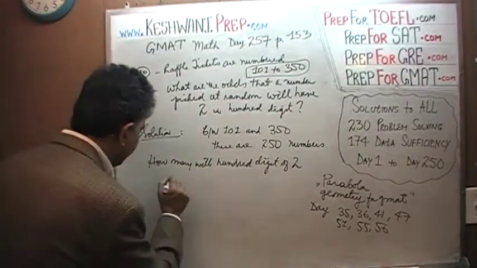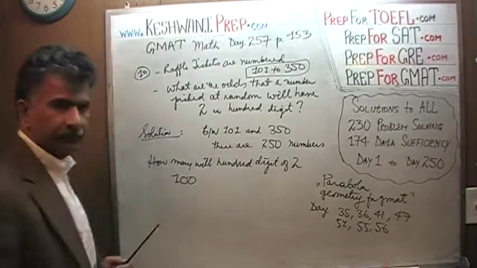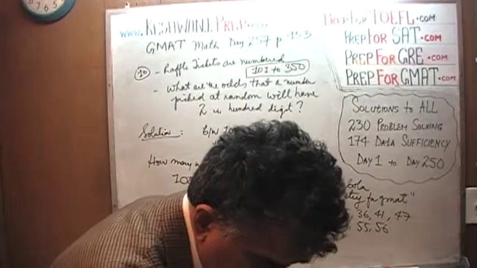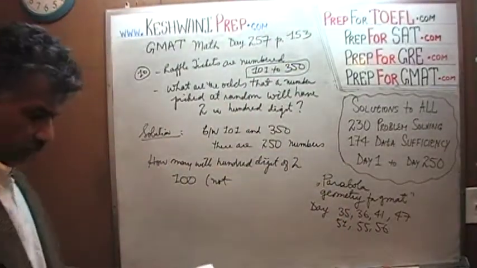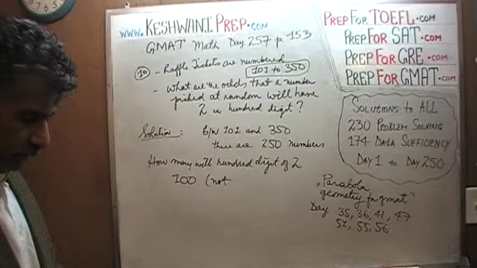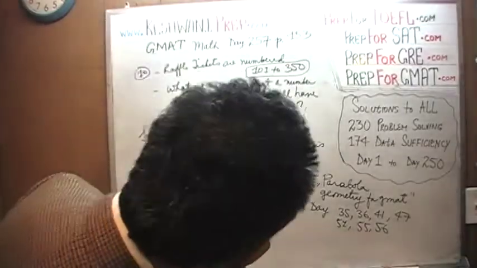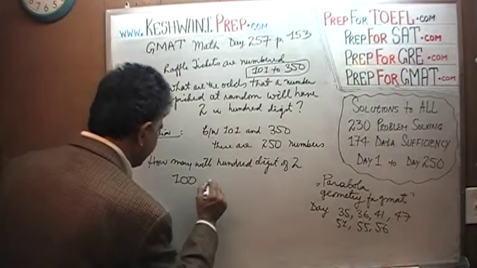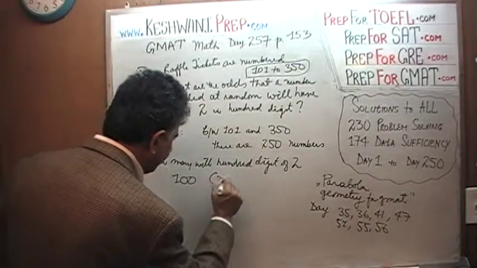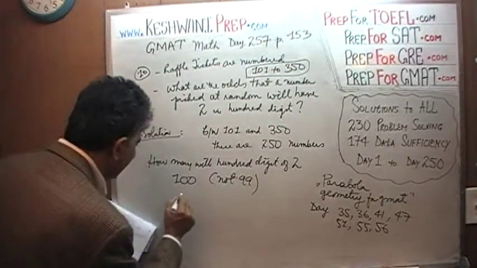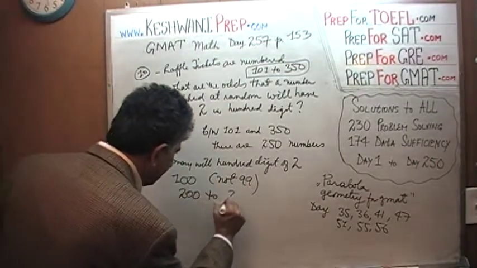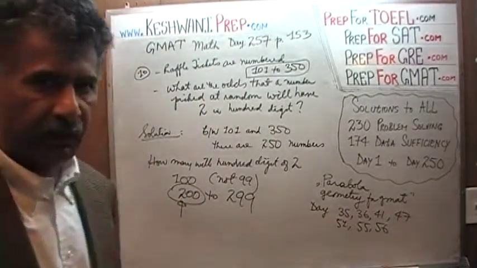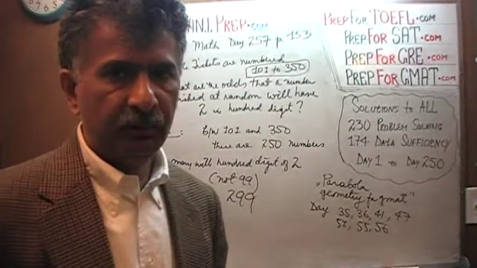Well, the answer is 100. 100 of them, because they go from 200 to 299, not 99. This is the tricky part. Don't forget the 200. We do not start with 201, we start with 200.